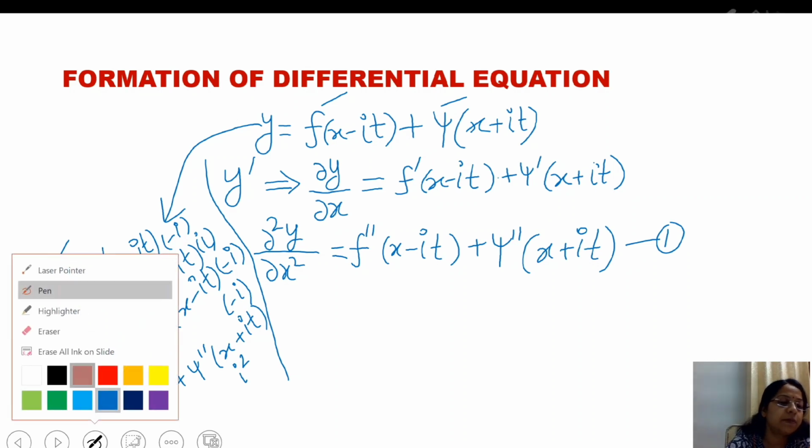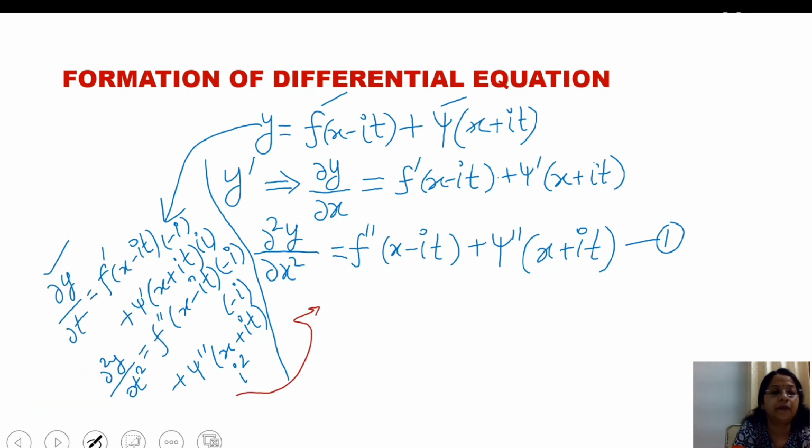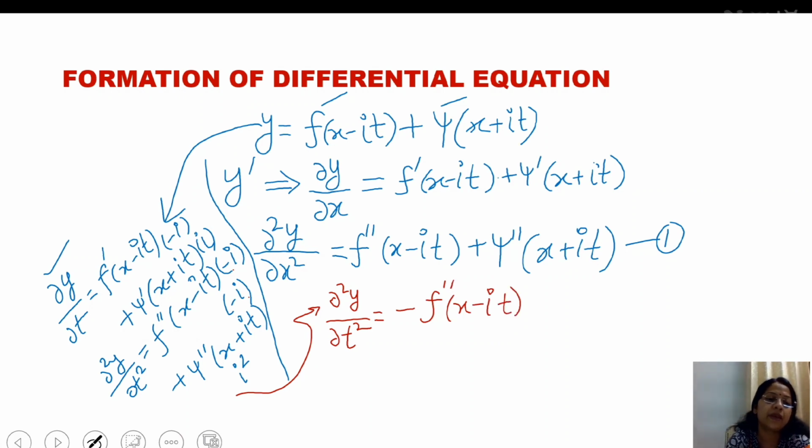Which on further simplifying I can write as del 2y over del t2 is equal to: minus iota into minus iota gives plus iota square, which is minus 1, so minus of f double dash (x minus iota t).